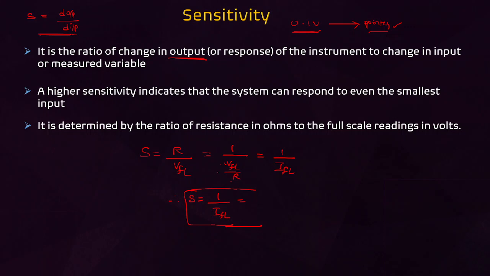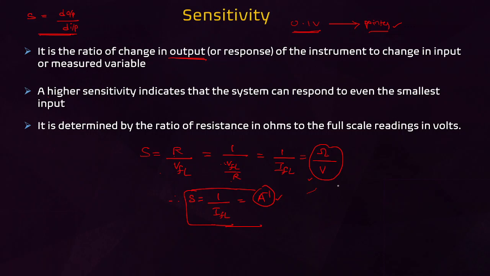What is the unit of resistance? Ohm. Divided by the unit of voltage, volt. So this is the unit of sensitivity: ohm per volt. So also we can define it as ampere inverse is also a unit.